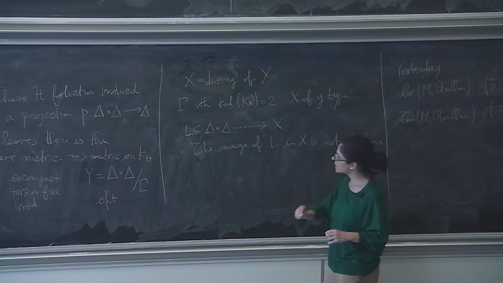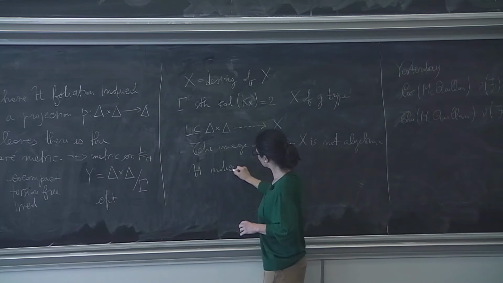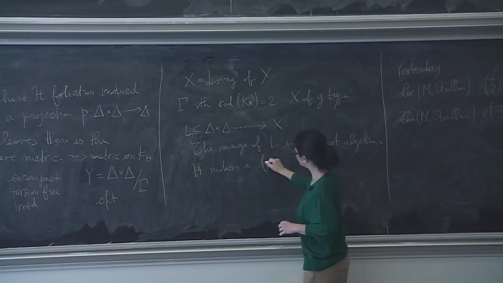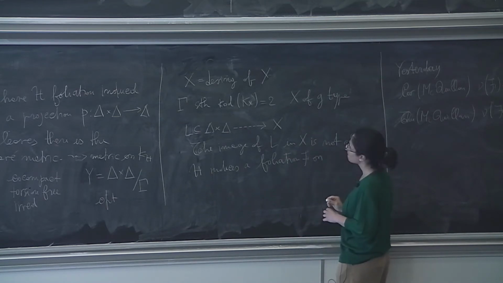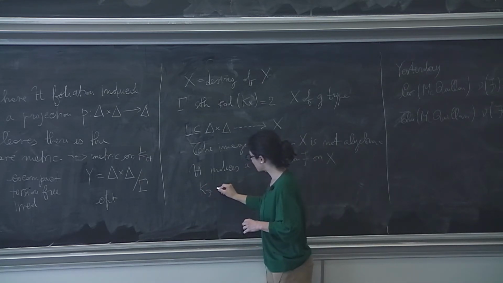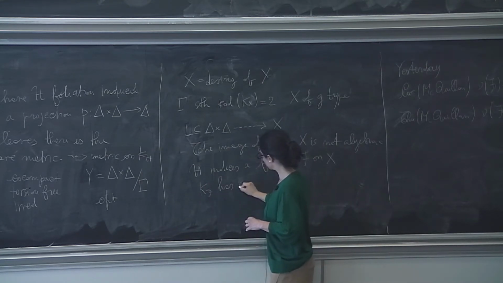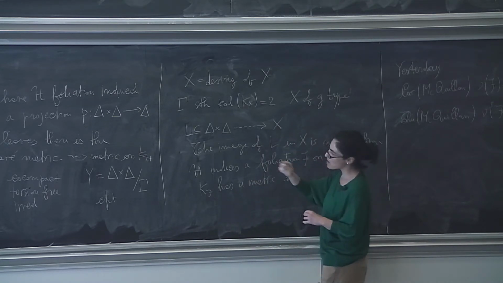So the foliation H induces a foliation F on X. And K_F has a metric induced by the one on K_H.